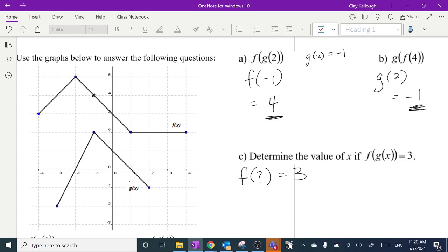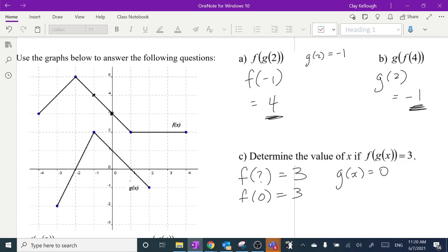So on the f function, when y is 3, which is right here, how much is f? Oh, well, it turns out f of 0 is 3, right? The x value is 0 when the y value is 3. So that means that g of x has to be 0. So what value on the g function gives me a 0?